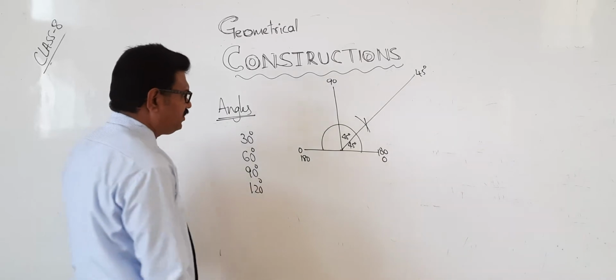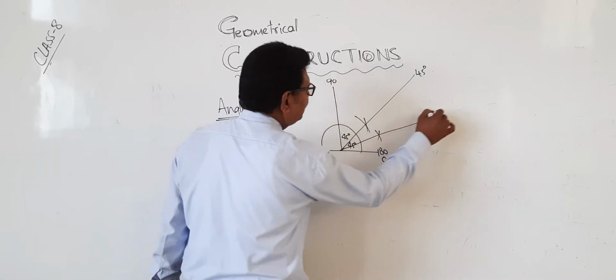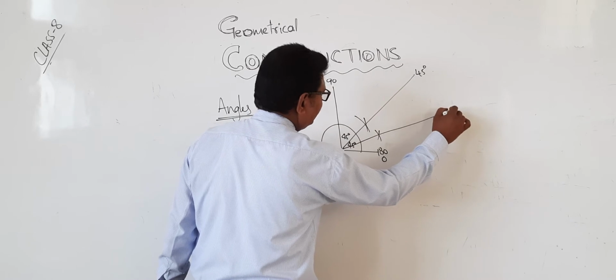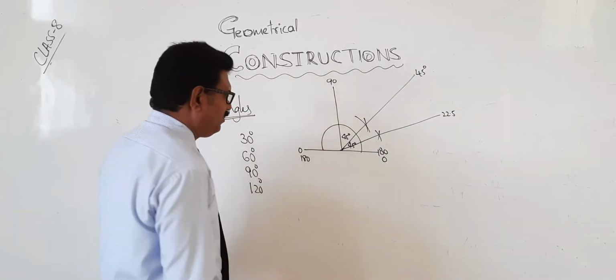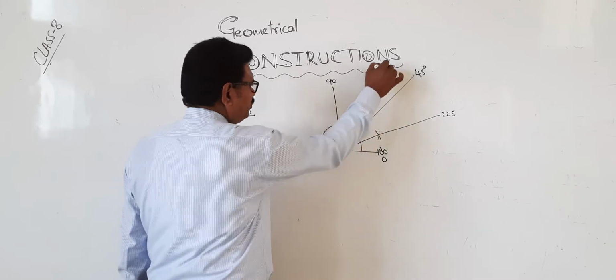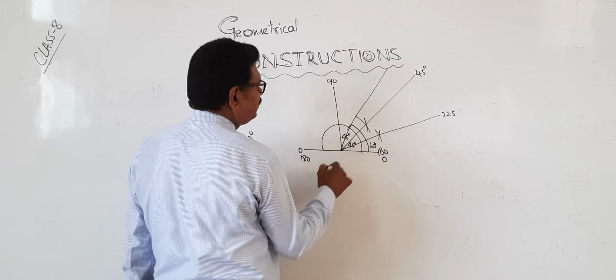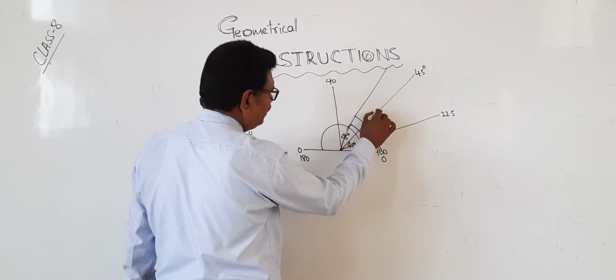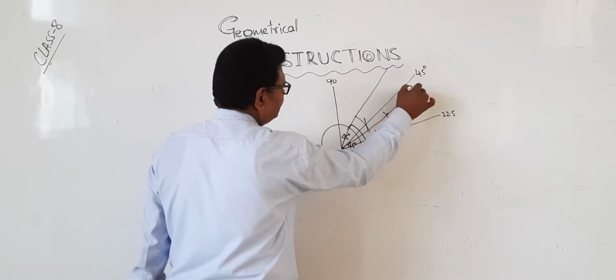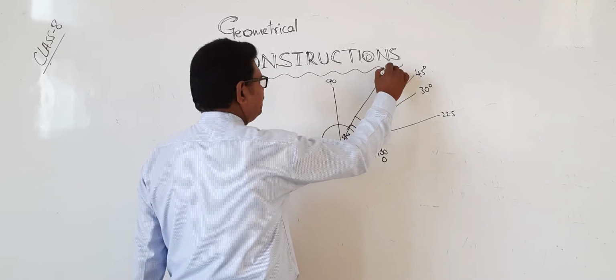Okay? Next, when you bisect like this, again you will get 22.5. But here, when you draw the same, it will become like this. So this is nothing but 60 degrees. When you half from here to here, it is nothing but 30 degrees. This is 60.